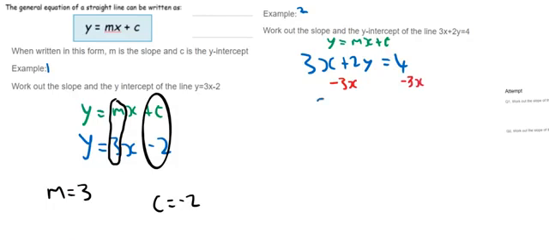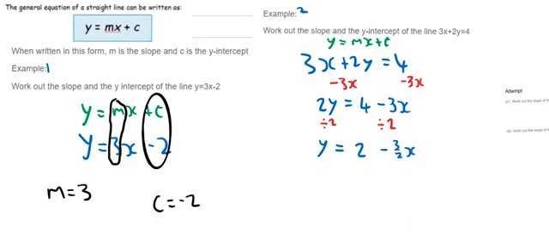So I'm left with 2y equals 4 minus 3x, or you could put minus 3x plus 4, which would be a little bit easier. Then to get y by itself on the left hand side, because y has been multiplied by 2, I can just divide by 2. So y equals, dividing each term individually by 2, 4 divided by 2 is 2, and minus 3x divided by 2 is minus 3 over 2x, or minus 3x over 2.